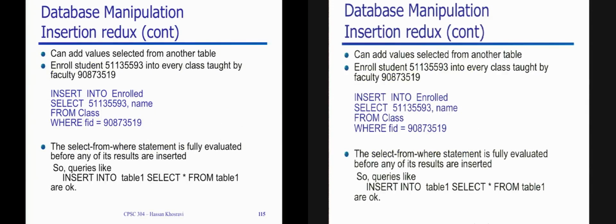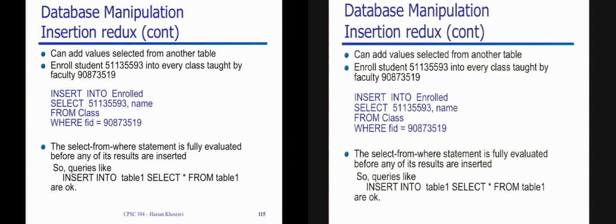It's also possible to insert values in a bunch instead of doing it one at a time. And your insert can actually be a select, which is coming from a different table. So for example, let's say I want to enroll a student with student ID 511355593 into every class taught by a specific faculty.